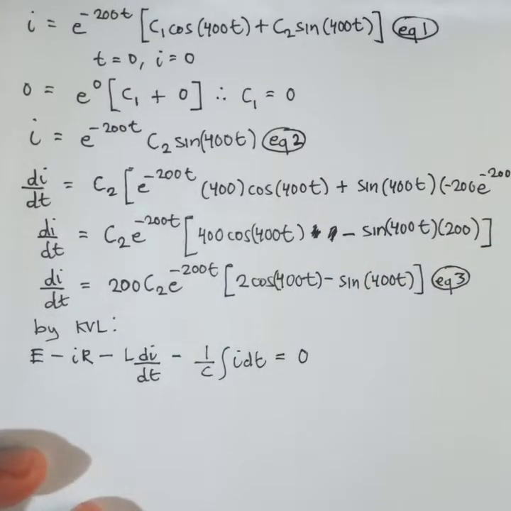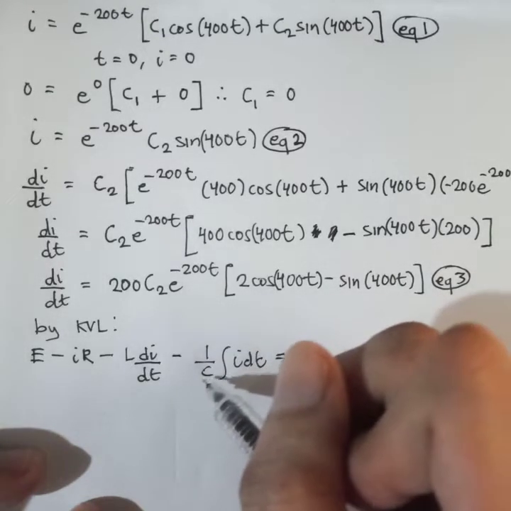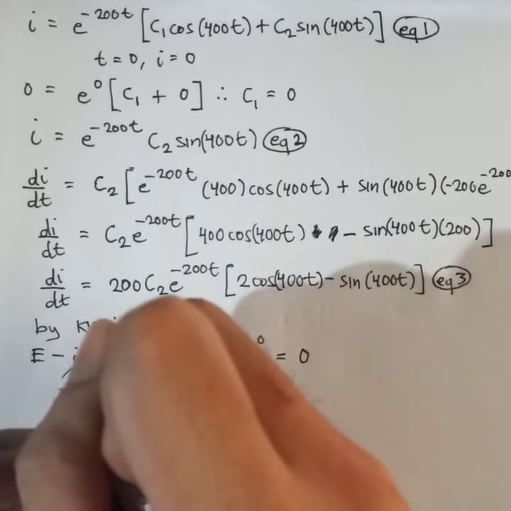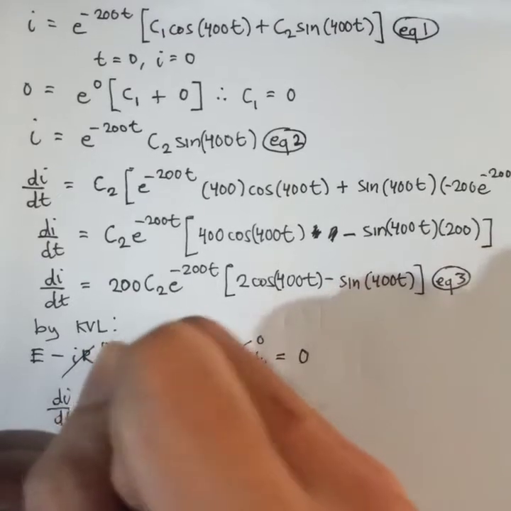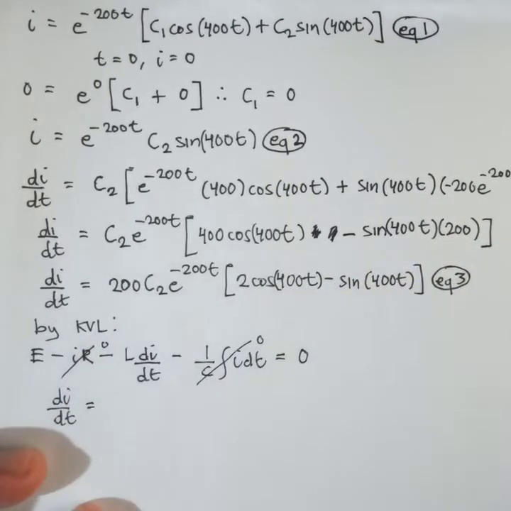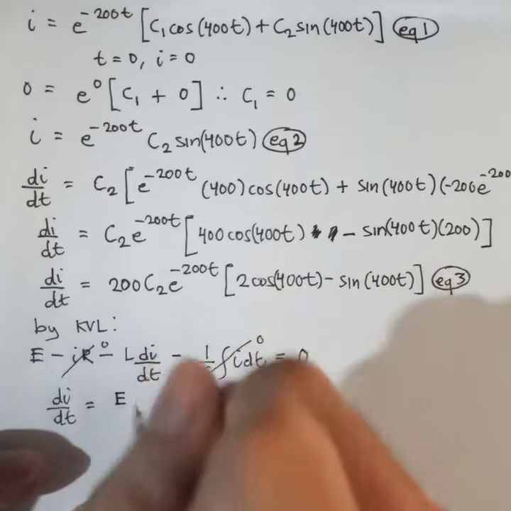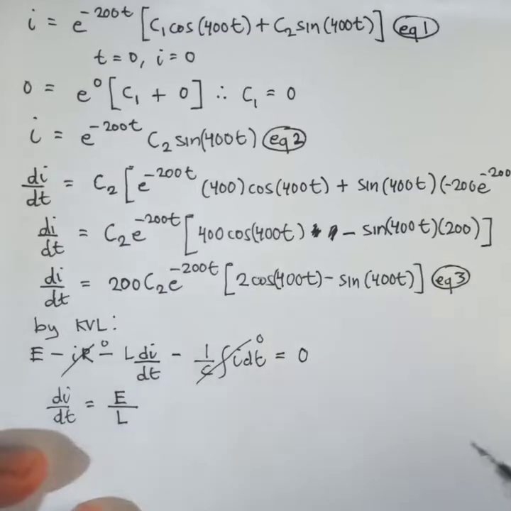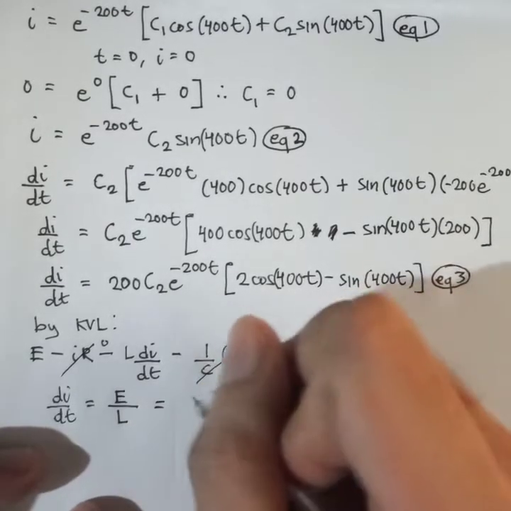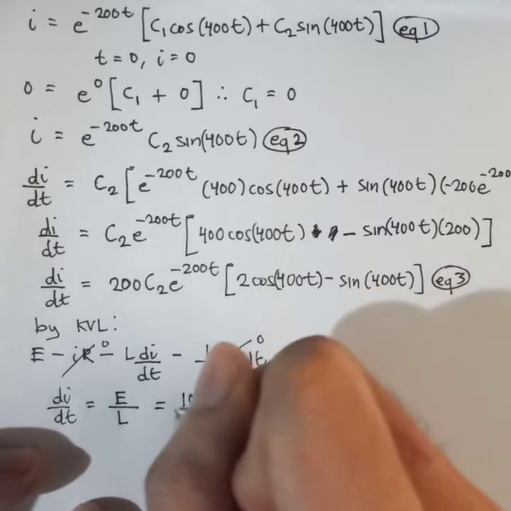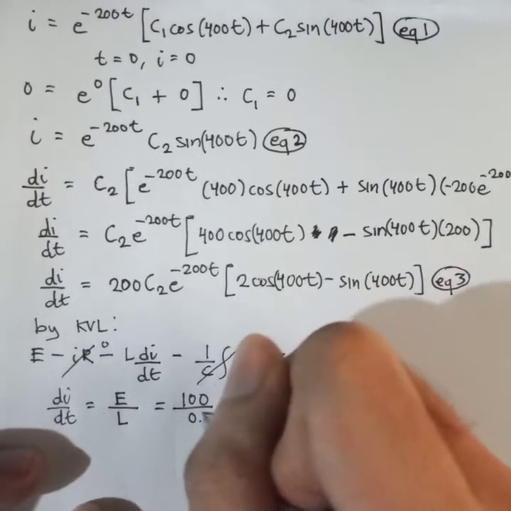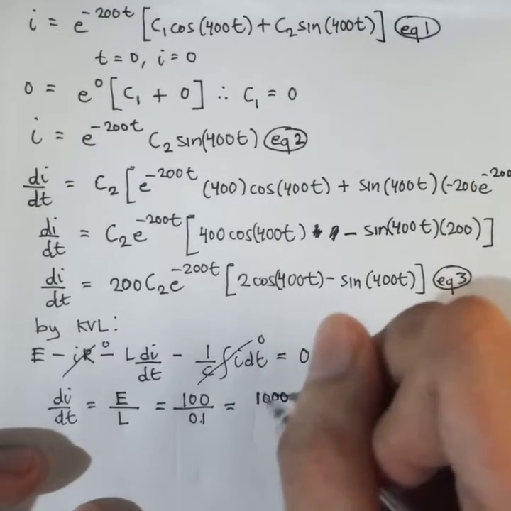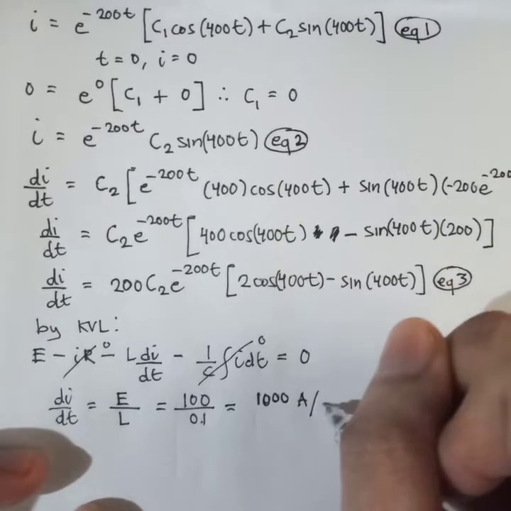The initial condition says that i is equal to 0, therefore this is 0 and this is 0, therefore our di over dt can be determined by dividing the voltage by the inductance. So in the problem, the voltage source E is 100 and the inductance is 0.1. Therefore, our rate of current is 1000 amperes per second.